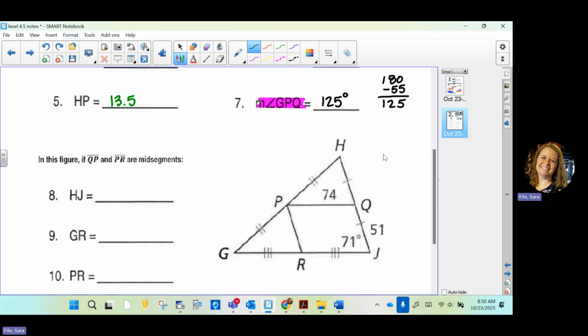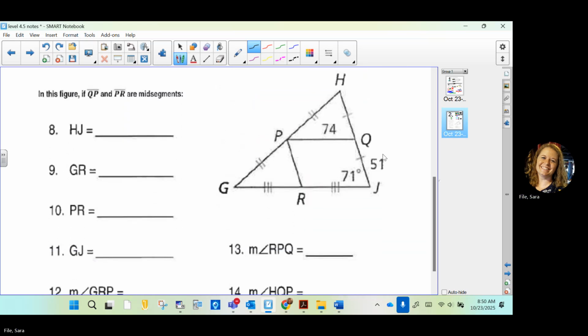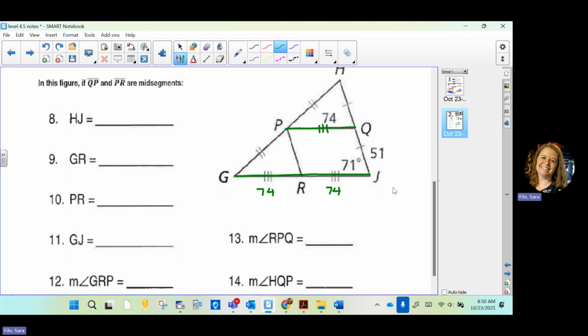All right, one last one. Let's mark it up. I'm going to go ahead and put 74 down here on GR and RJ because PQ is marked as 74, and that one should be the same as half of GJ. So did they ask us for any of those?